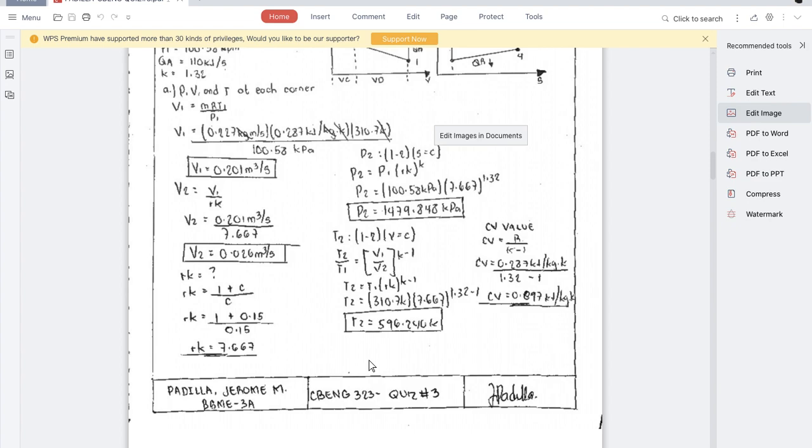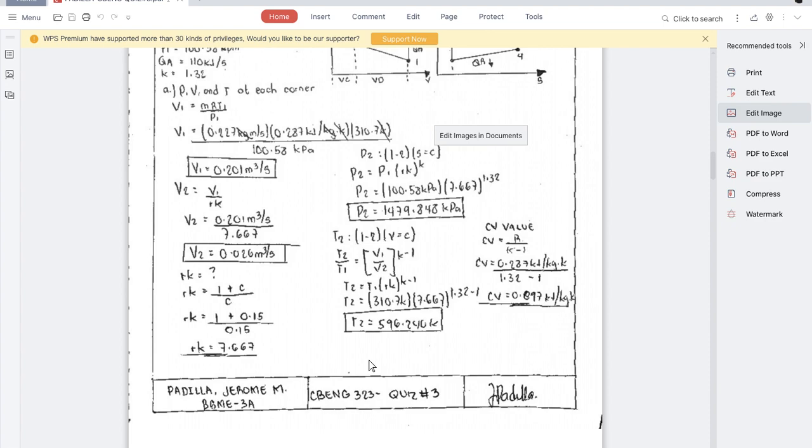For V2 equal to V1 over rk, V2 equals 0.201 cubic meter per second over rk, or 7.667, and the final answer for V2 is 0.026 cubic meter per second.